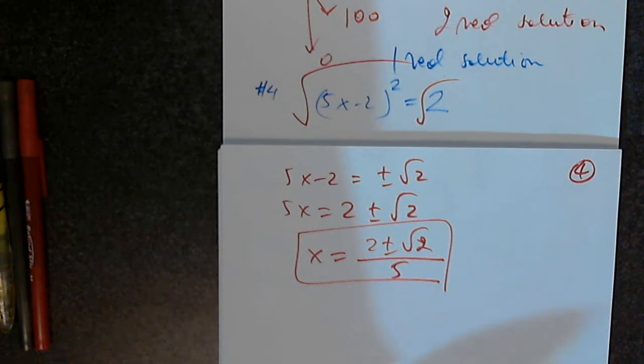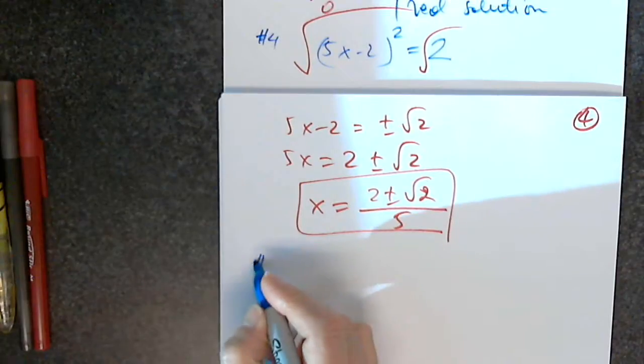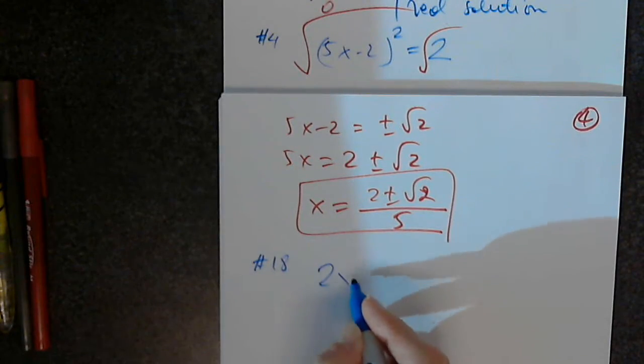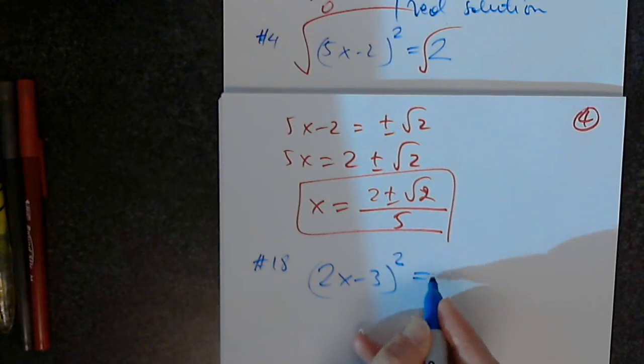Okay, here's another problem for you. Problem 18: (2x minus 3) squared equals x.